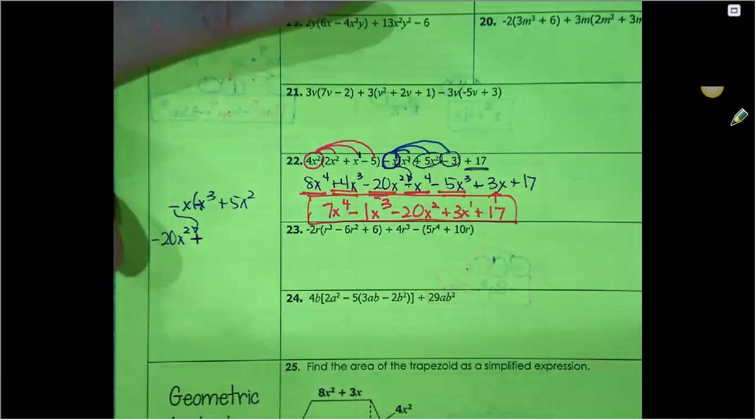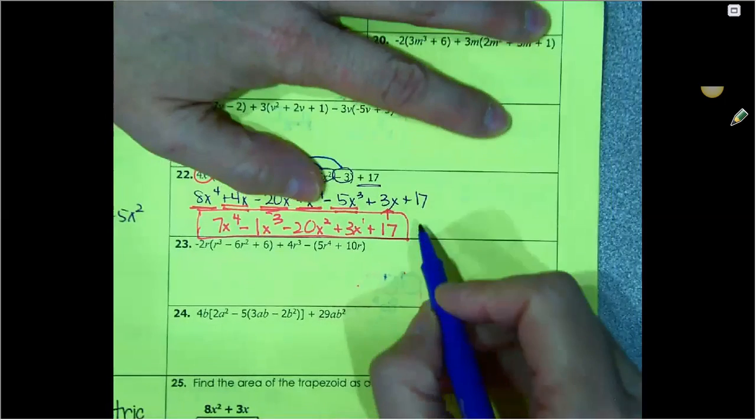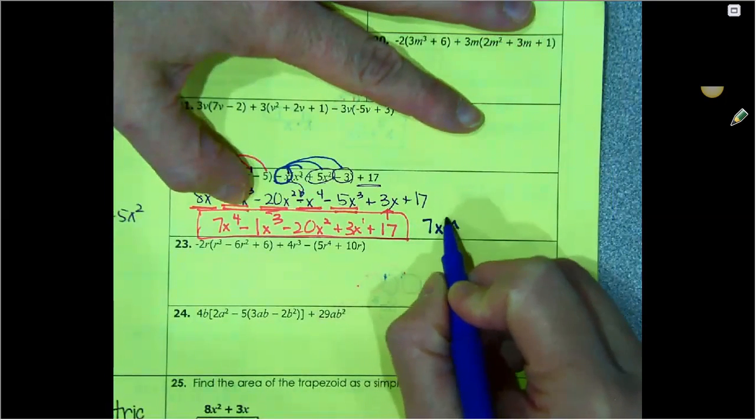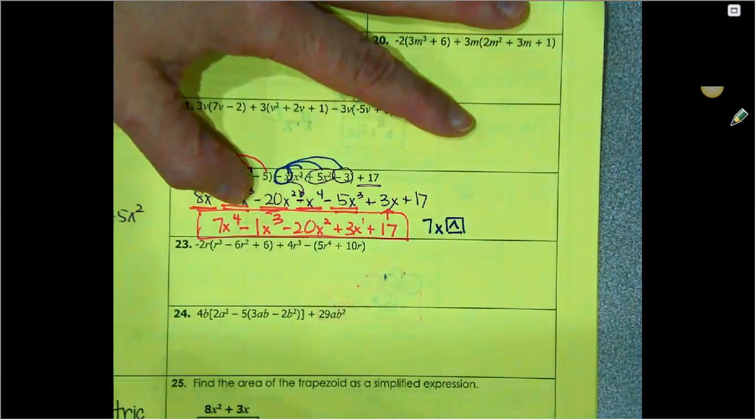Now, when you start doing the Google form, hopefully you guys have seen that, when you are putting this into the Google form, obviously you don't have exponents. So in the Google form, you would type in 7x and then your caret, which I think is above the 6. You see that?